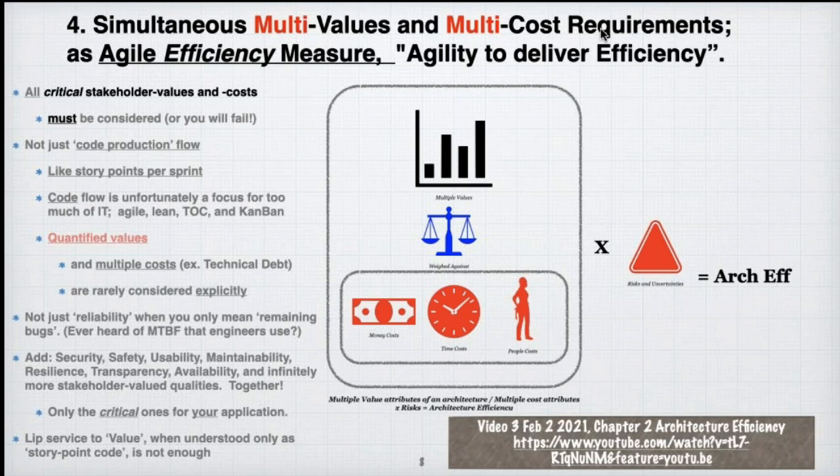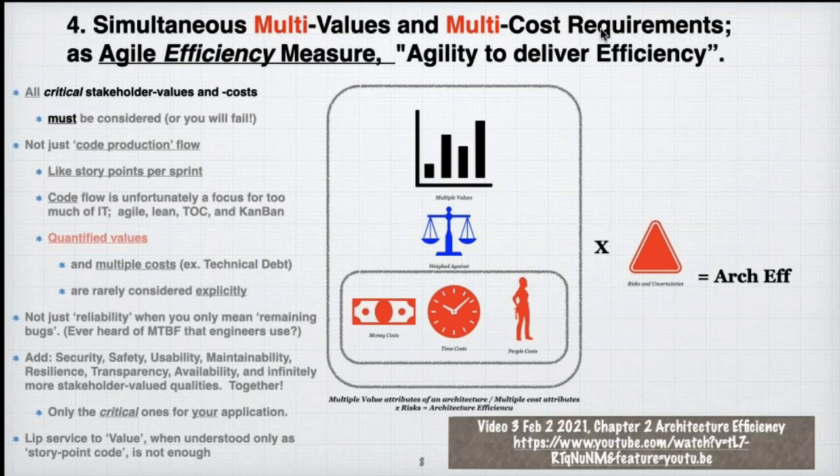So that's pretty complex. It's like trying to juggle 10 balls in the air simultaneously and not drop any one of them. Anybody can throw a ball up and down with one hand, one ball with one hand, but try it with 10 and you're a pretty good juggler. And you need tools to juggle 10 values simultaneously.